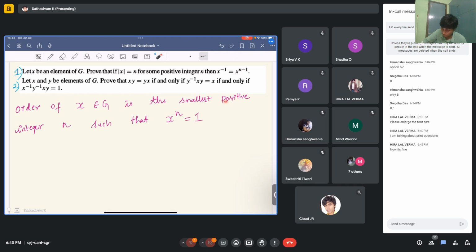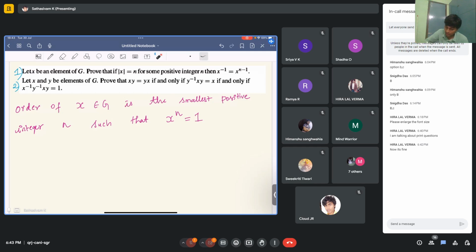Here we are saying positive, not 0. You cannot take n as 0, because x to the power 0 is always defined as 1 for all x. So you need a positive integer.